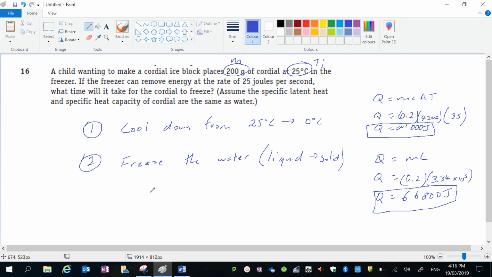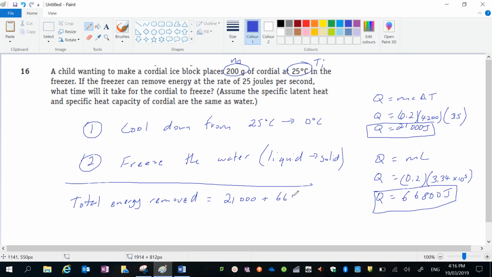So in those two steps, the total energy removed, because remember this is cooling down, it's not the total energy added to the water, it's the total energy removed from it to cool it down, equals 21,000 plus 66,800, which equals 87,800 joules.